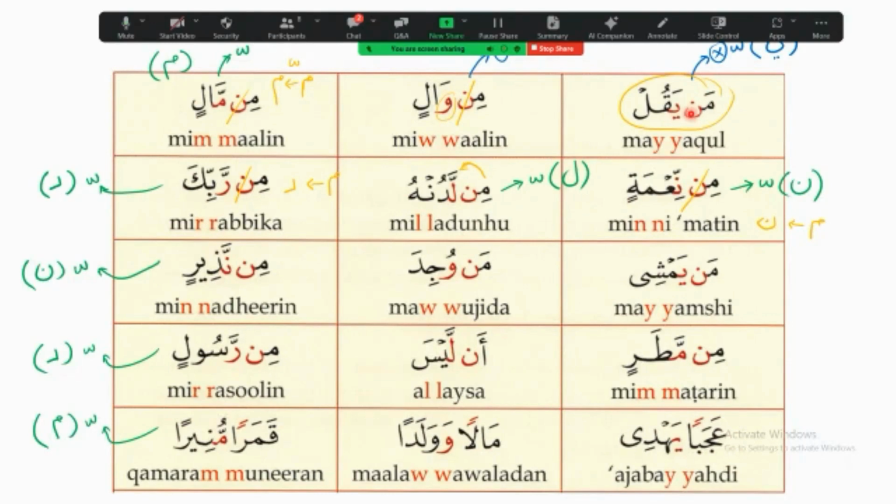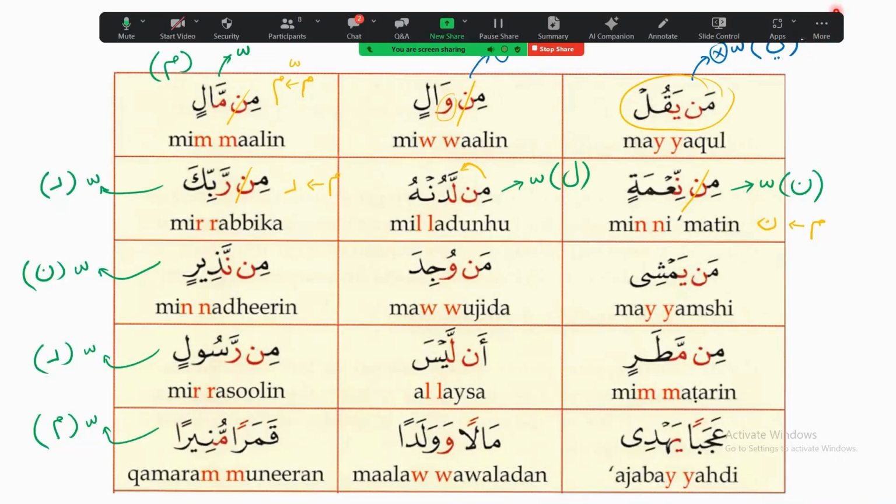Sometimes you will find a tashdid, the shadda symbol. The tashdid means the shadda symbol I'm mentioning here. We have already covered this as well.